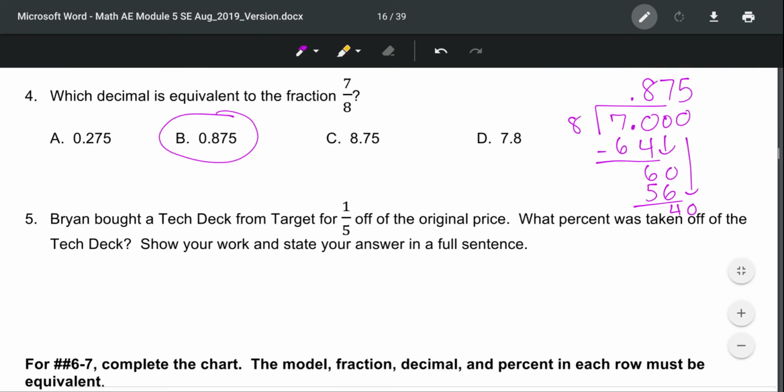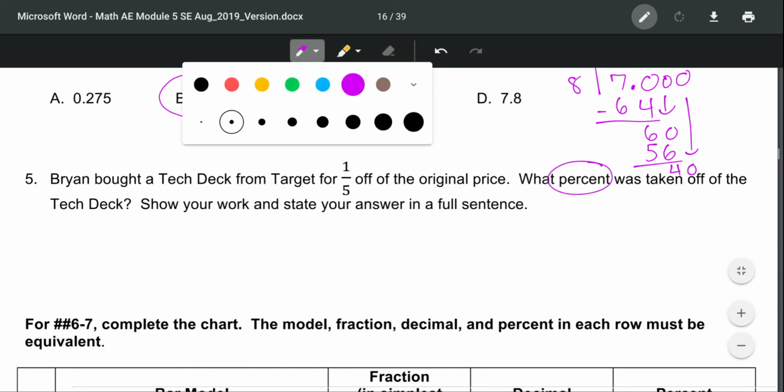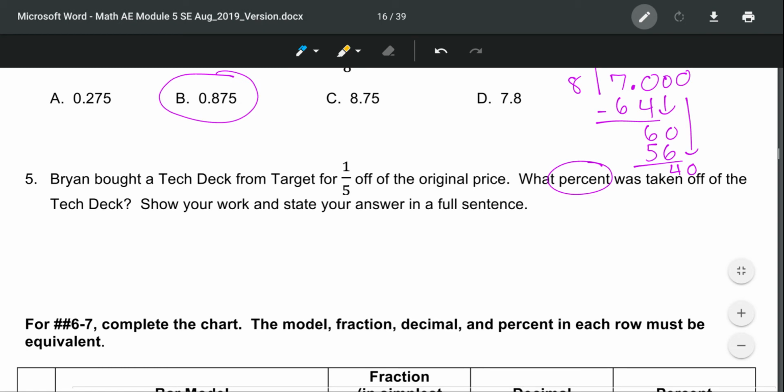Okay, number 5. Brian bought a tech deck from Target for a fifth off of the original price. What percent was taken off of the original price of the tech deck? So you want to convert 1/5 to a percent. So take 1 divided by 5 first.